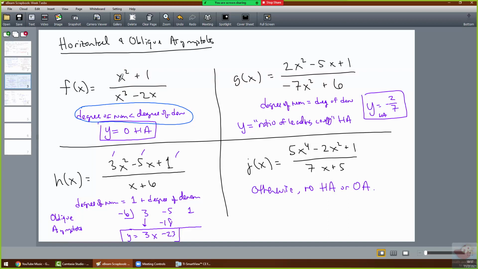So for this one here, for example, as x got really, really big, the numerator is just like the leading term. The plus 1 just falls off. And the denominator is like its leading term, x cubed. X squared over x cubed reduces down to 1 over x.